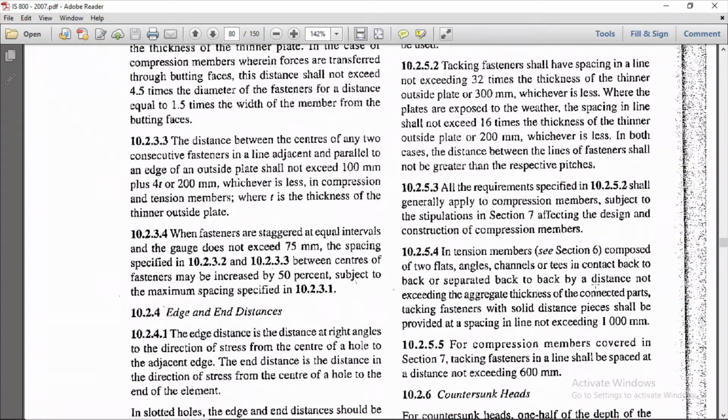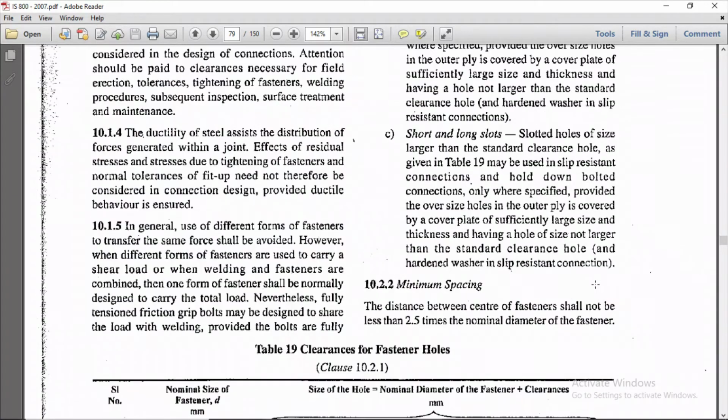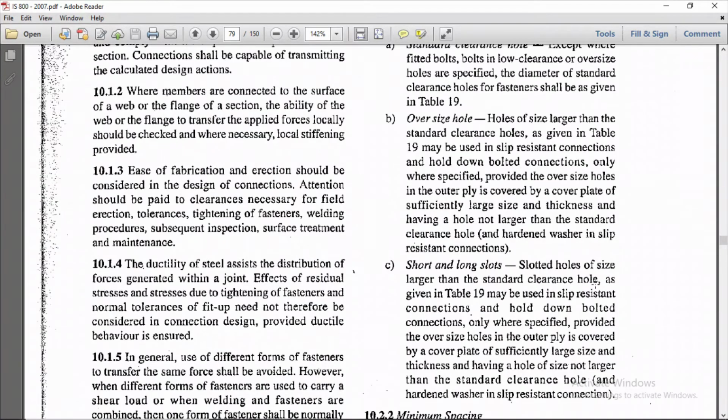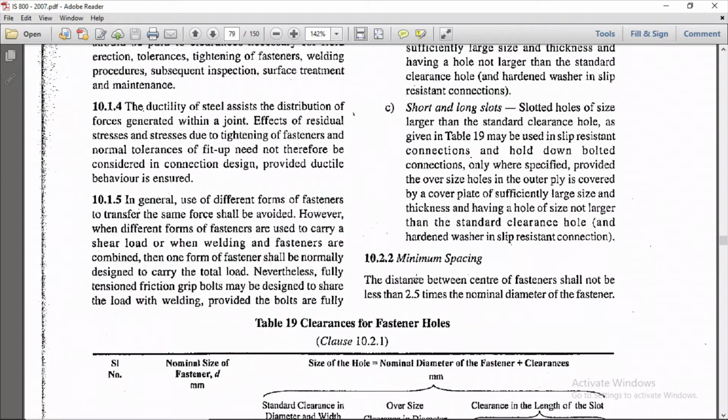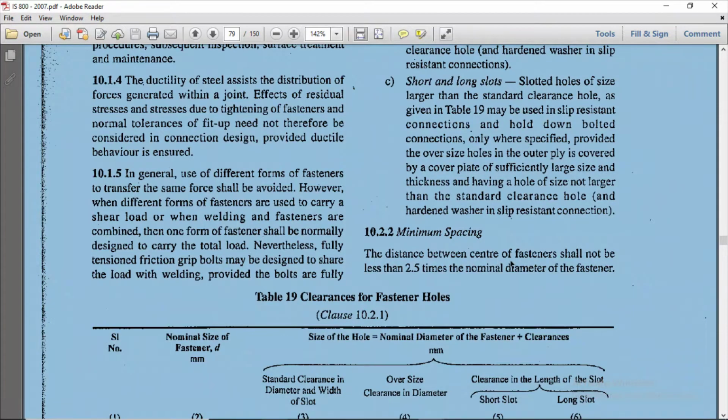Yes, so this is page number 73 over here, right? So as you can see, this minimum spacing, the distance between the center of fasteners, clause number 10.2.2. The distance between center of fasteners shall not be less than 2.5 times the nominal diameter of fastener.